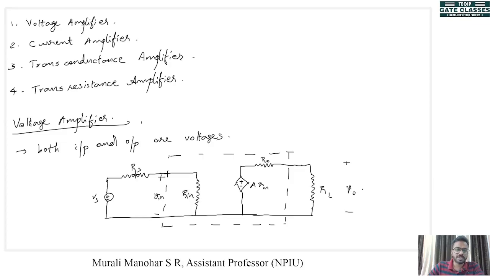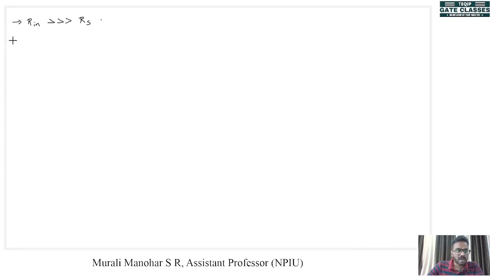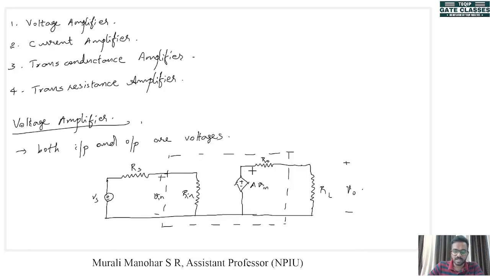This must be very much greater than Rs, and ideally Rin must be equal to infinity. The second condition is the value of R out must be very much less than RL, or ideally R out must be equal to 0.